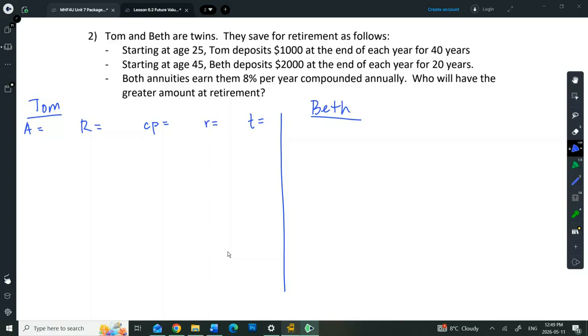So the regular payment, that's capital R, so 1,000 for Tom. You want to just fill it out for Beth at the same time, so we're ready? Okay, what is that for Beth? What is her regular payment amount? 2,000.